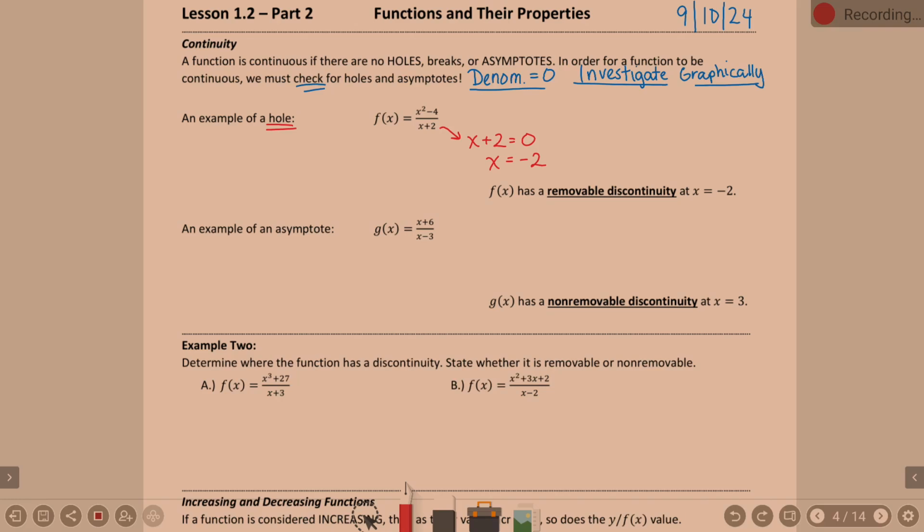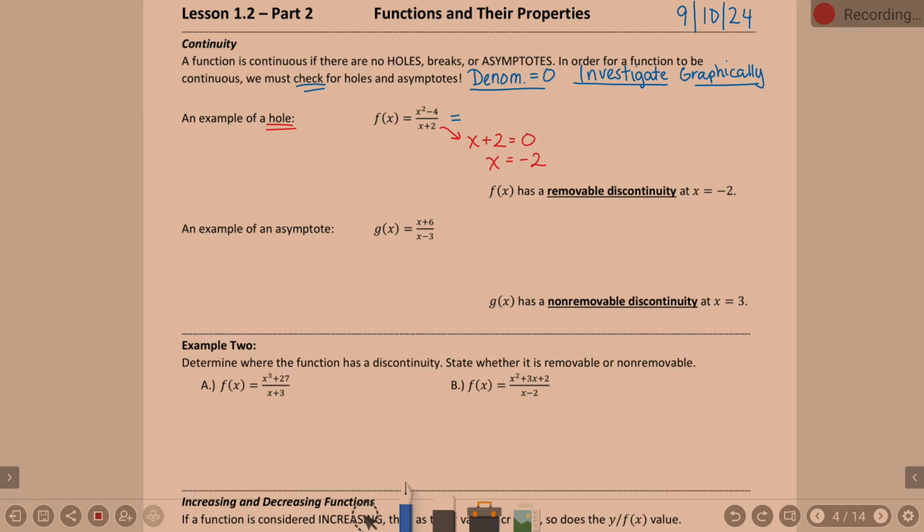What you need to do to decide is ask, is there any factoring that can be done in that equation right there? So x squared minus 4 over x plus 2. X plus 2 doesn't do anything. But do you remember how to factor x squared minus 4? X minus 2 and x plus 2.